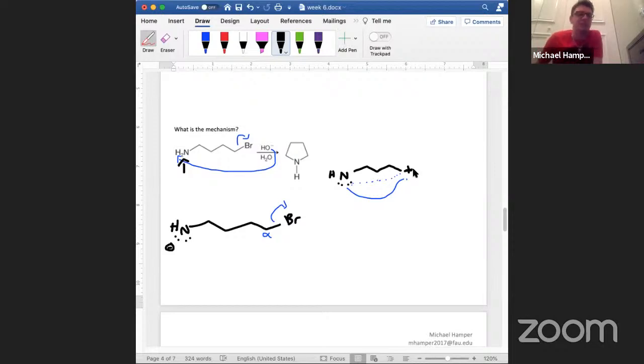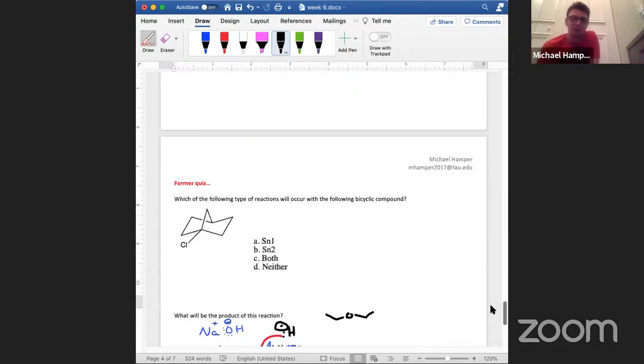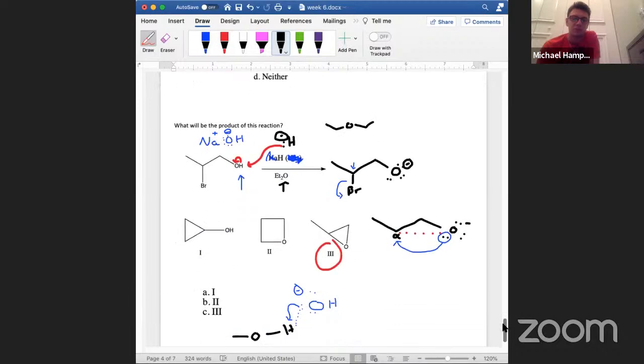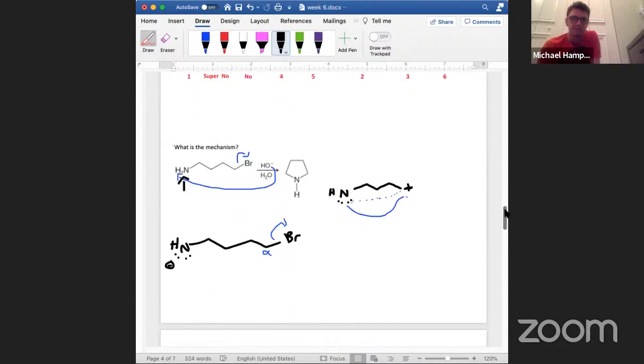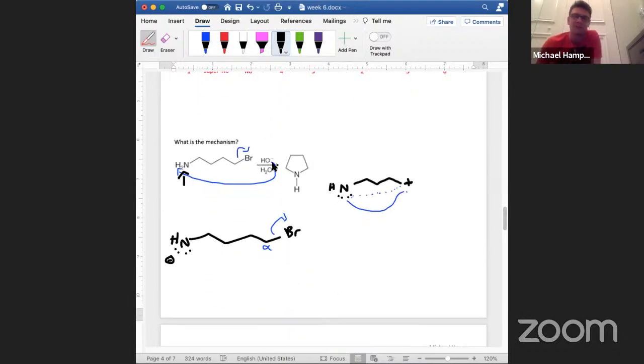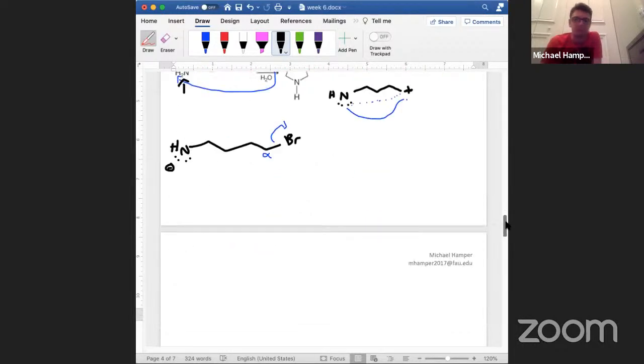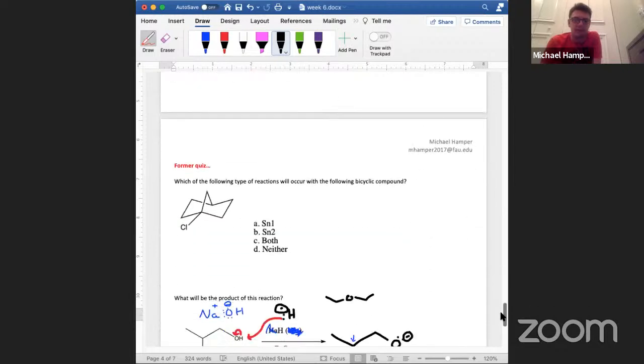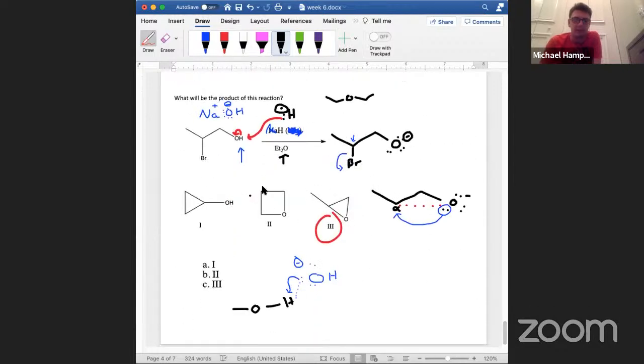This type of reaction, just like the one you saw in a quiz, is an intramolecular reaction. So that OH isn't really the nucleophile in this case. That OH is deprotonating. It's the same exact kind of mechanism as this one.